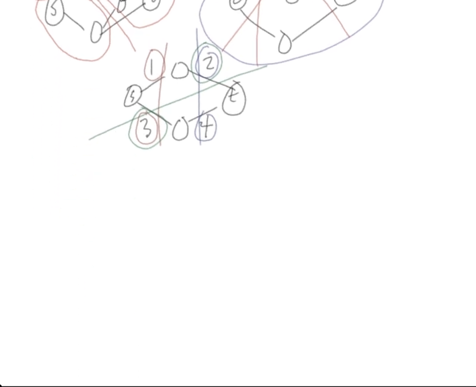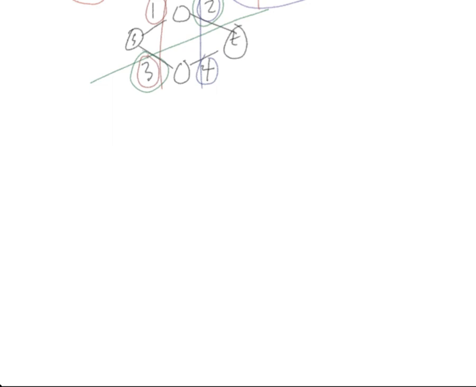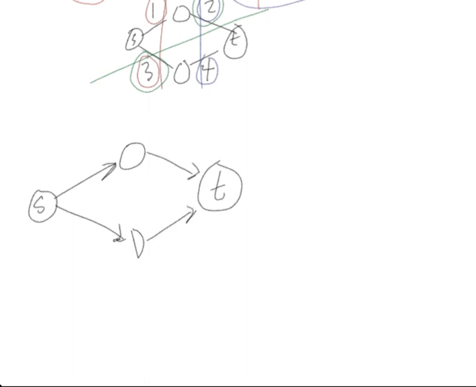Now, let's see the theorem in action. The max flow is equal to the min cut. Here is a flow network. And let's say we have the flows here.